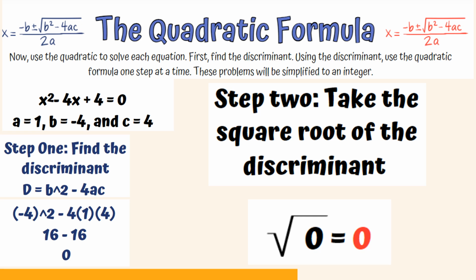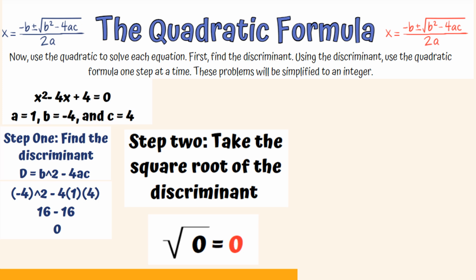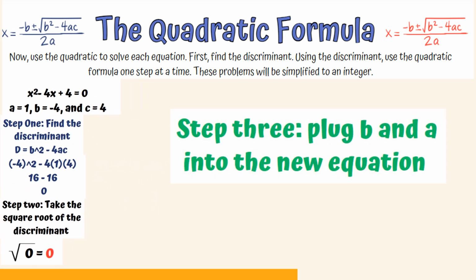Therefore, the square root of 0 is just 0. So we're going to do what we did before. We're going to take our negative b from our quadratic formula, because we had not touched that yet. We had not done the 2a. Then we're going to add or subtract the square root of our discriminant.